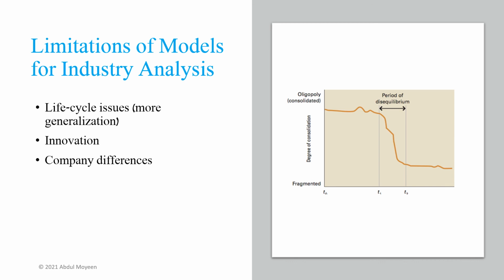Successful innovations can transform the nature of industry competition. In recent decades, one frequent consequence of innovation has been to lower the fixed cost of production, thereby reducing barriers to entry and allowing new, smaller enterprises to compete with large established organizations.